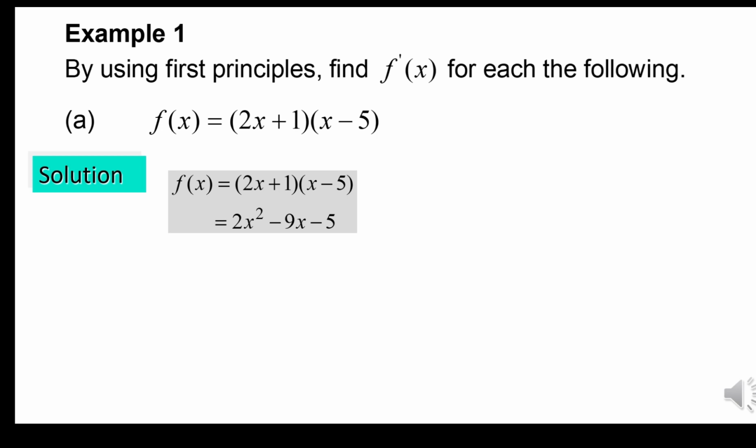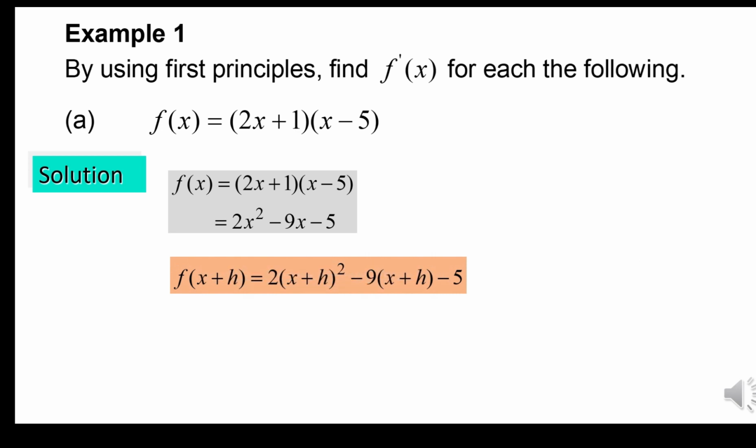To use the formula, we need to find f(x plus h). That is, you have to substitute x with x plus h. So we will get 2 times (x plus h) squared minus 9 times (x plus h) minus 5.